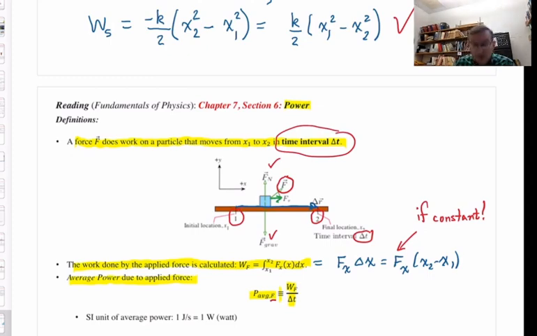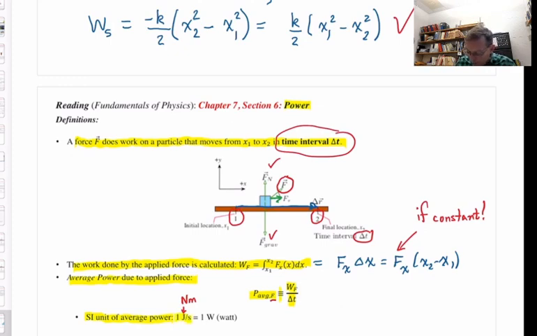What's the SI unit for this new quantity we've just defined called average power? Well, it must be the unit of work. Technically, that's newton times meter. But remember, the newton-meter is equivalent to the unit called a joule, the unit of energy. So it's often expressed as 1 joule per second.